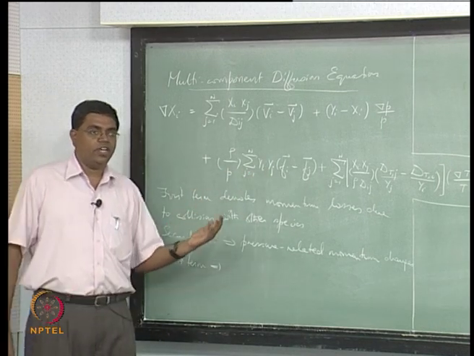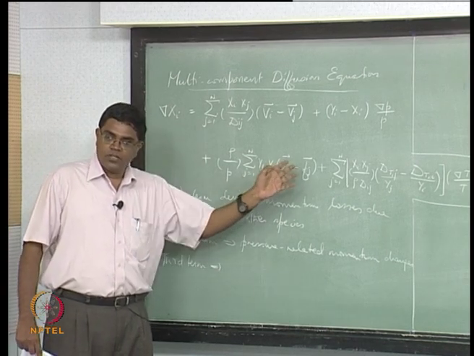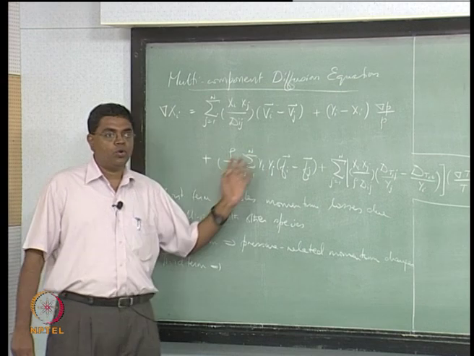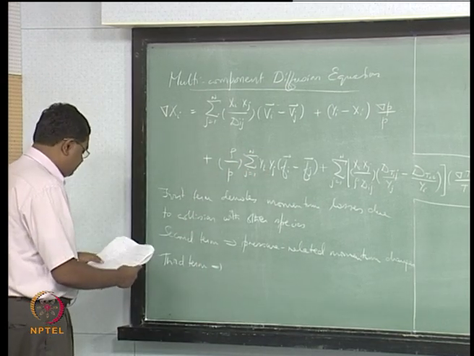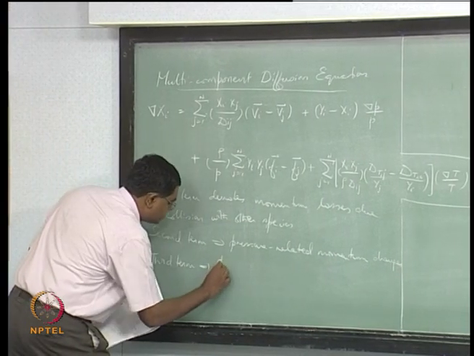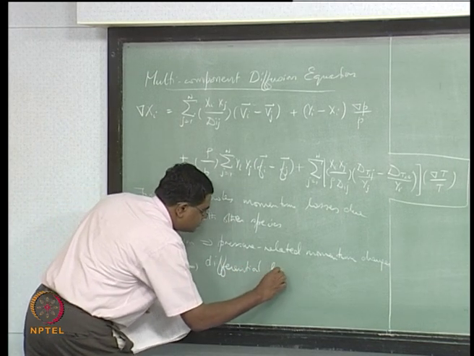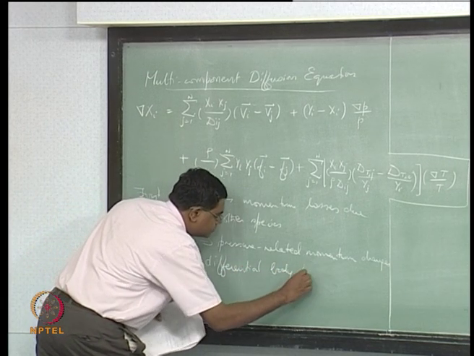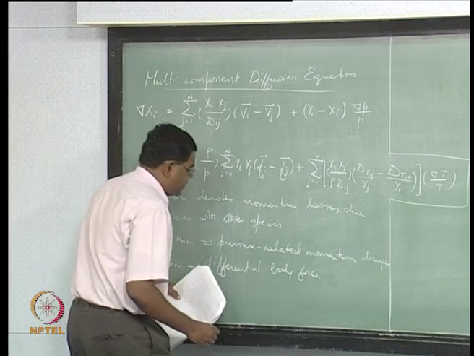Like gravity: you want to take gravity into account, but gravity is going to act on all of them equally, so you don't have to worry about this term. So this is a differential body force term.